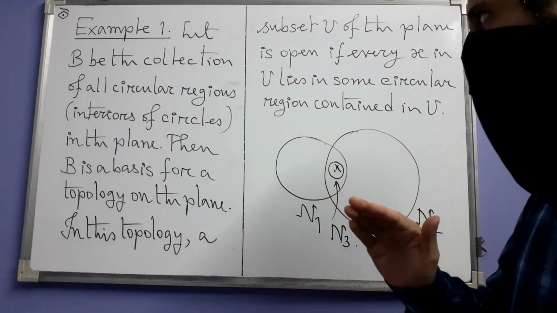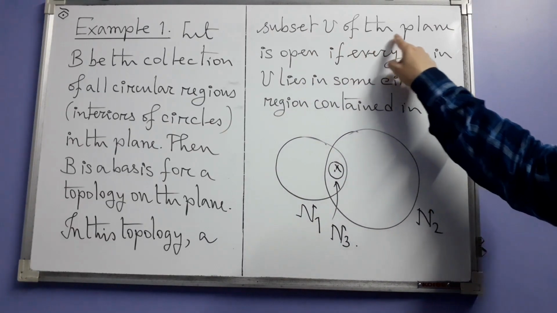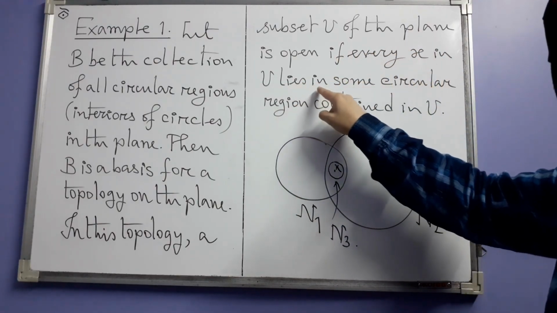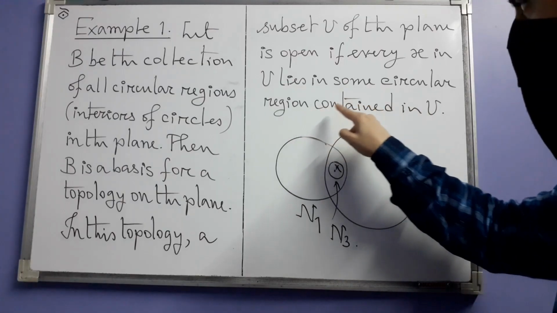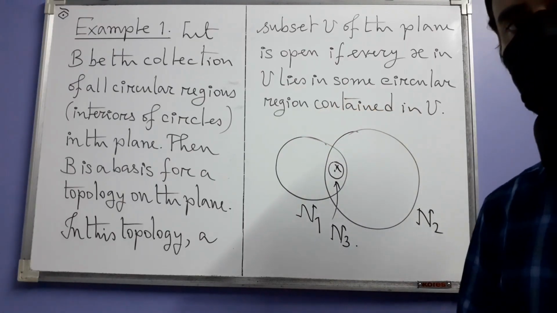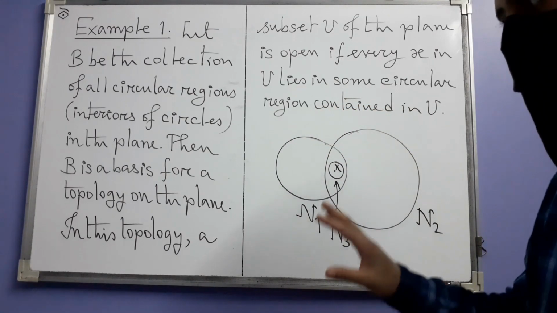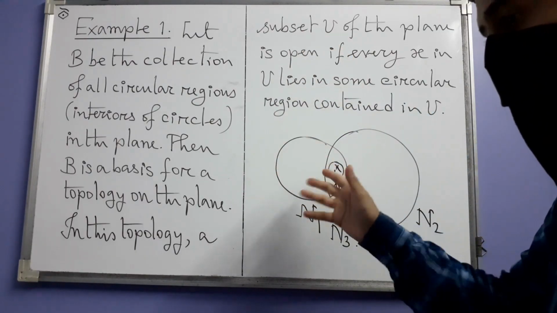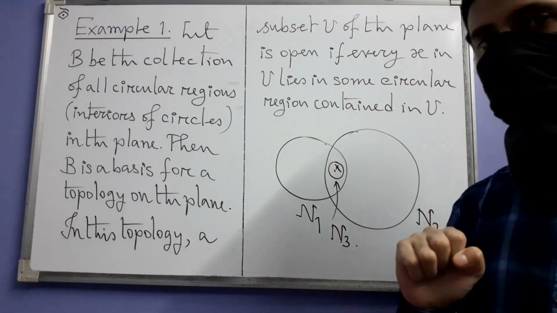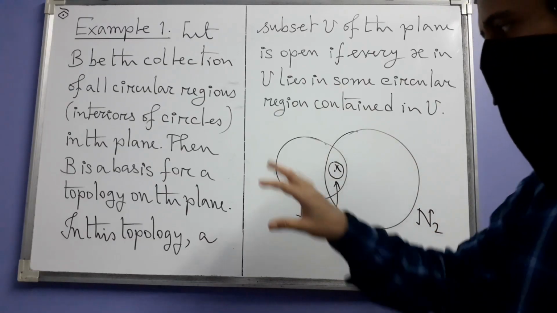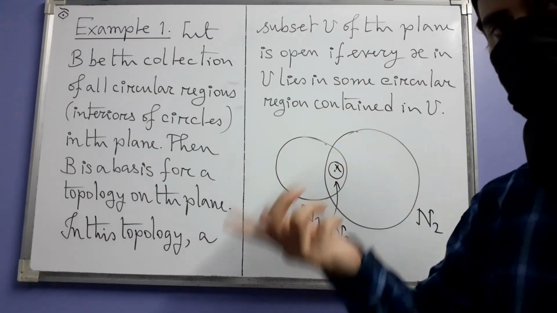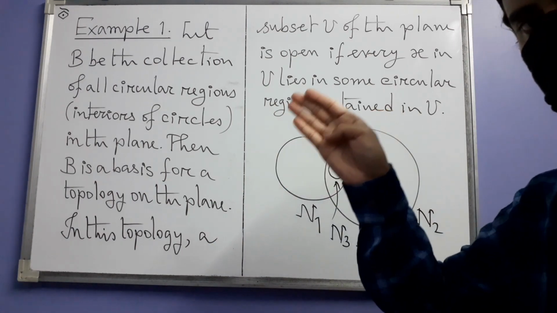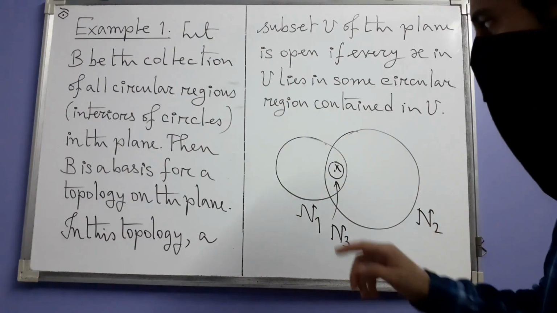And in that topology, a subset U of the plane will be open if every x in U lies in some circular region contained in U. And note one more thing, that these open sets themselves need not be circular regions, although the circular regions also are open sets in this topology, that we saw previously itself, that B itself is contained in tau.